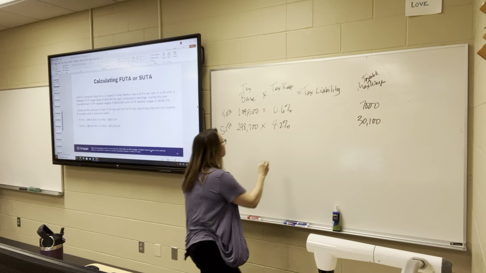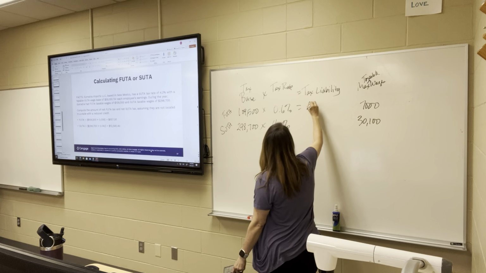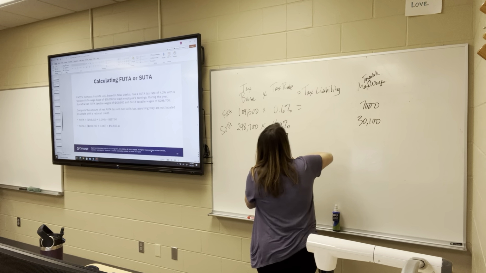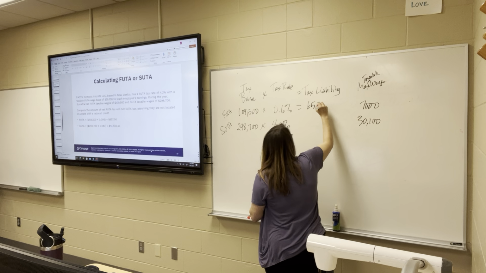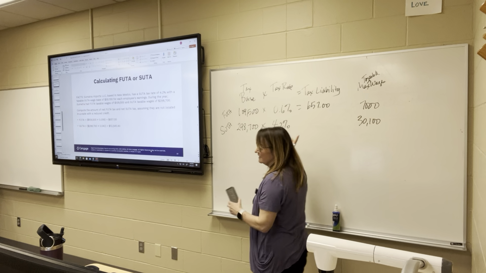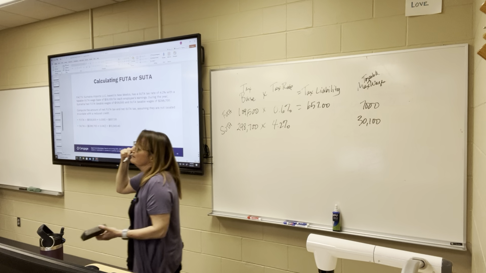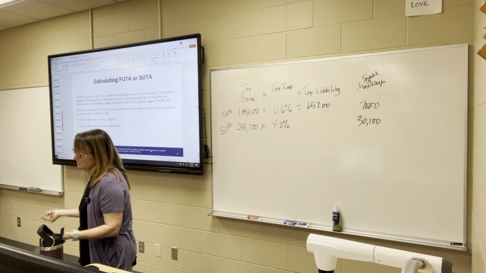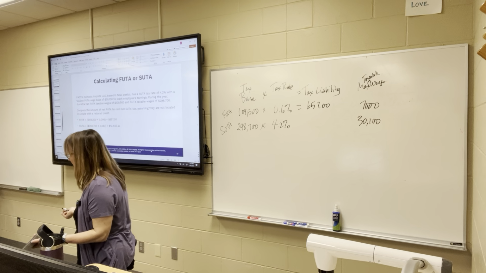But for FUTA, their tax liability is $657. Which means they exceeded that $500. Now, they may have exceeded that $500 in the fourth quarter, in which case they still don't have to pay it until January.